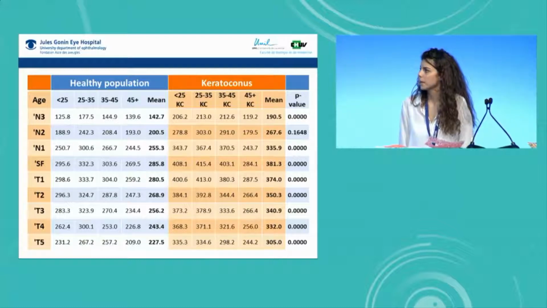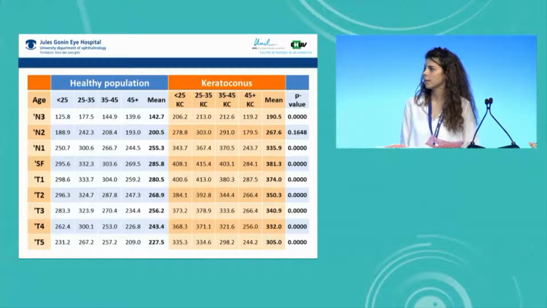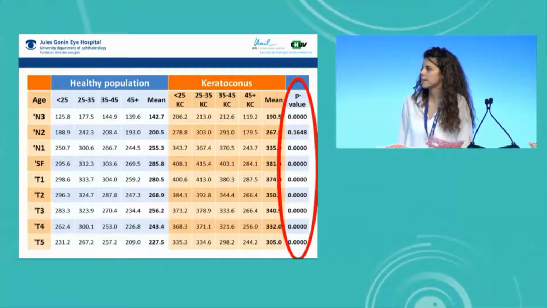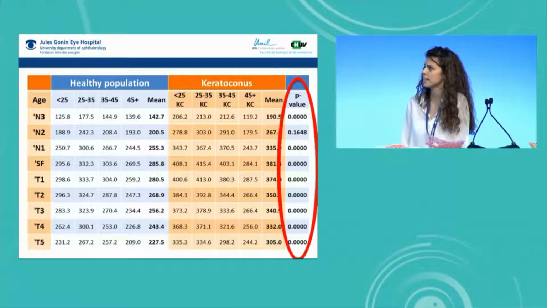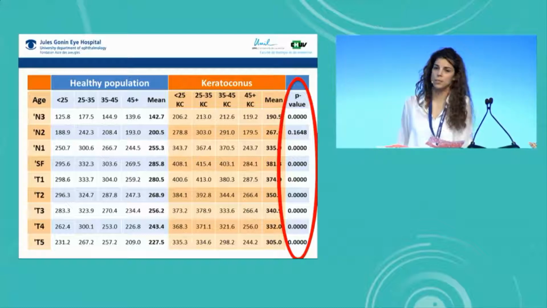In this table, we can see the difference between the choroidal thickness in healthy population and keratoconus. And we can see the significant differences. But we couldn't find this difference in the location nasal 2, probably due to the sample size.